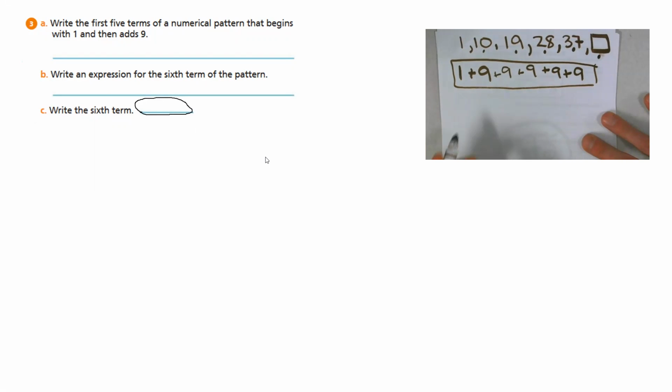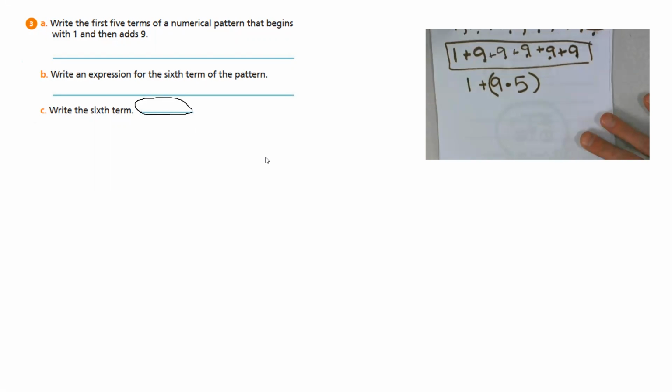What's another one? What about 1 plus 9 times 1, 2, 3, 4, 5? 1 plus 9 times 5. That makes sense, right? So the real question is, what is that 6th term?